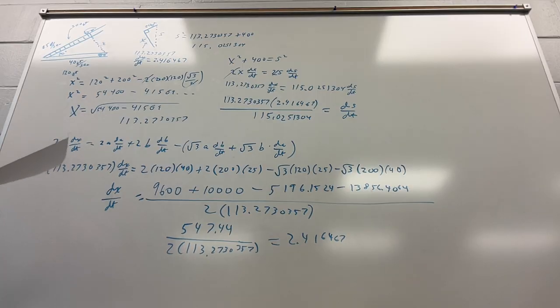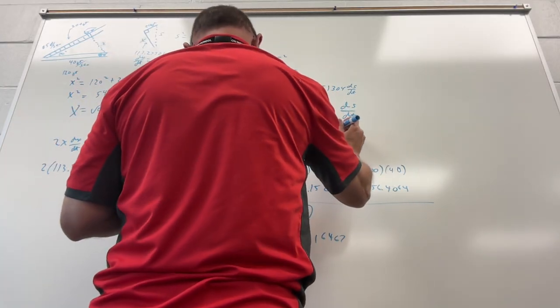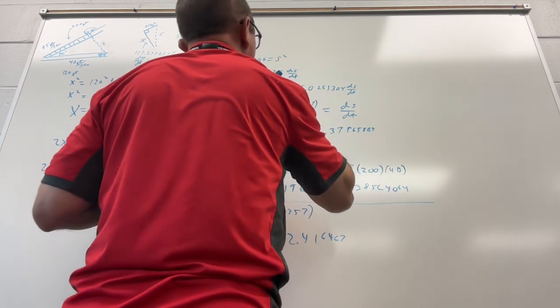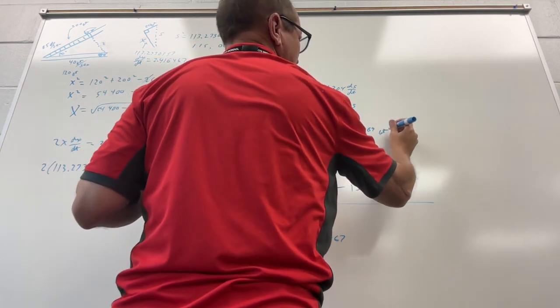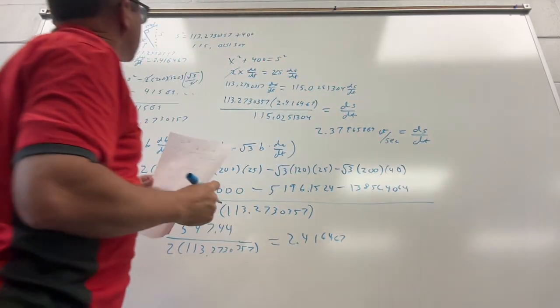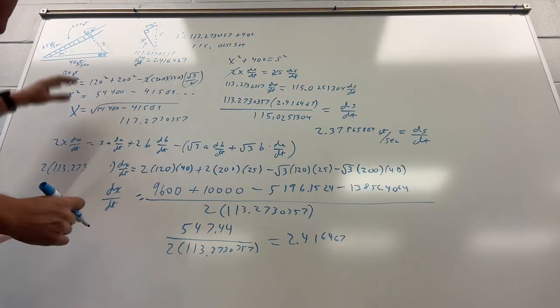When we do that arithmetic, we get 2.37965889 feet per second. So that's the rate at which the car and the train are separating from each other at that instant.